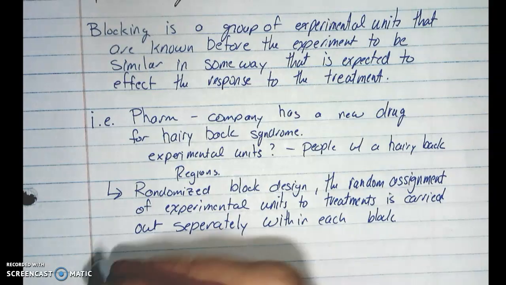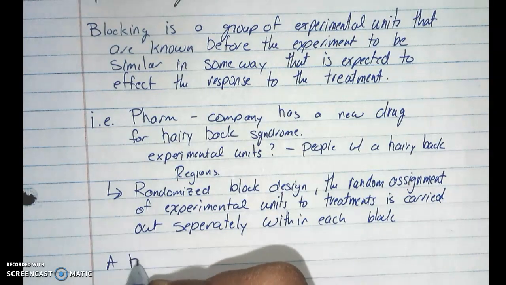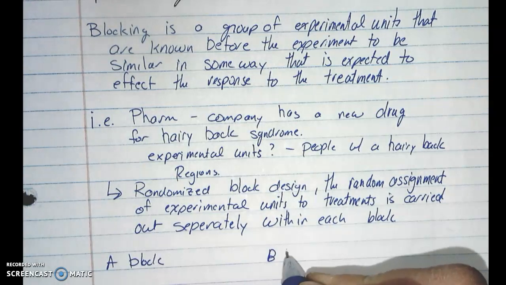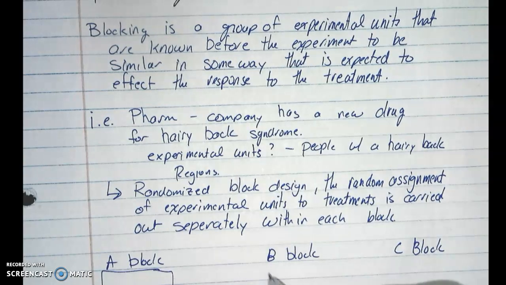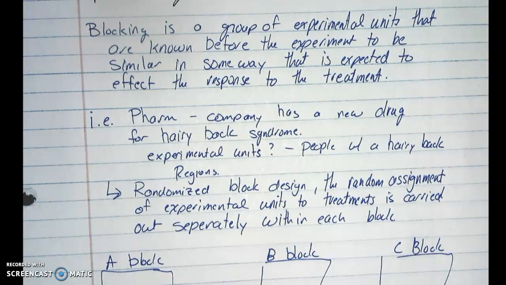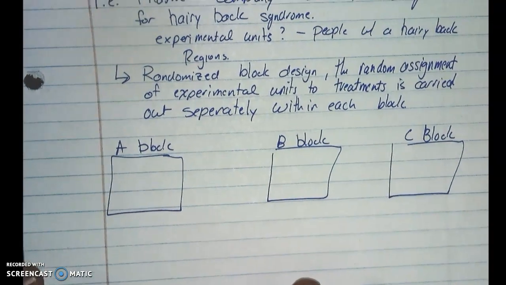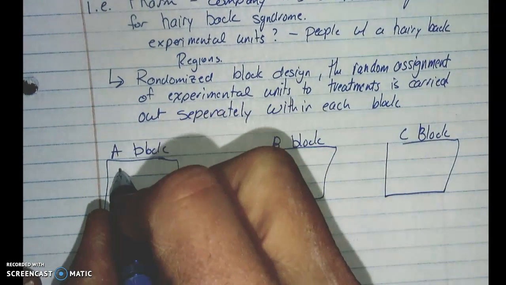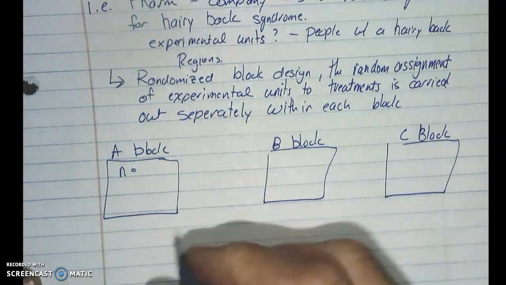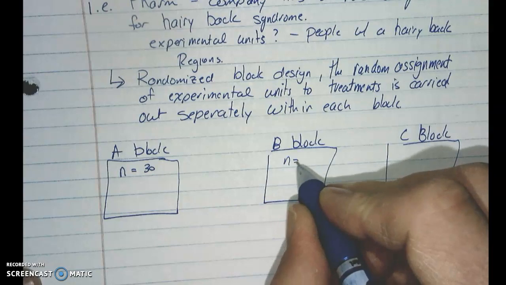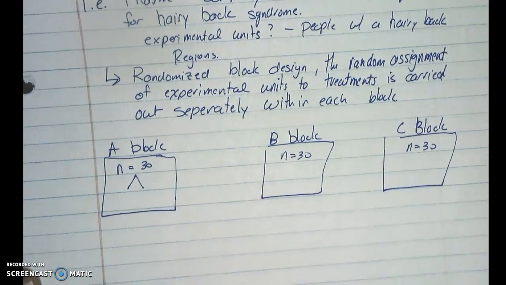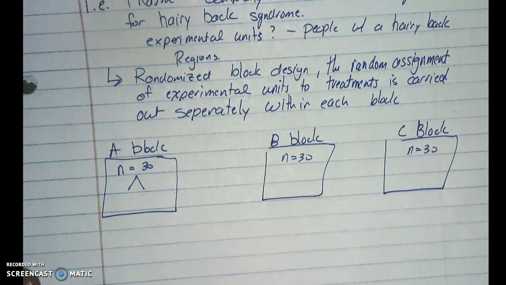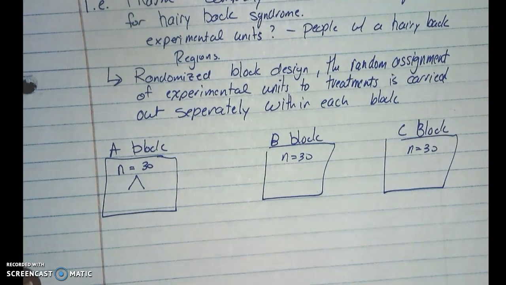So if we have block A and block B and C block, then we'll put the same number of experimental units in, let's say 30 for ease. Depending on how many treatments we have, remember, the more treatments we have, the more confounding there will be. So if we limit our treatments, we're going to do better.